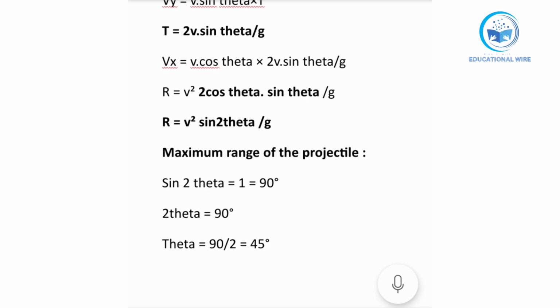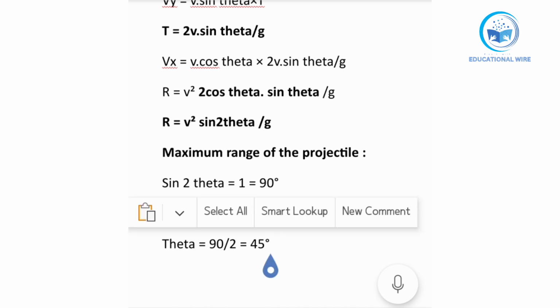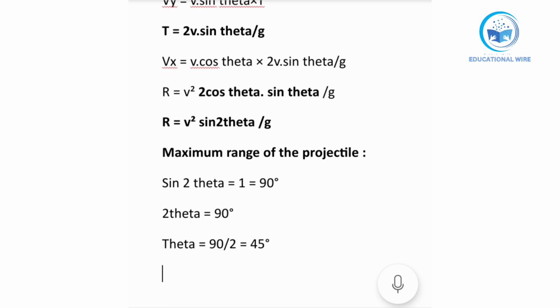Okay, then theta is equal to 45 degree. It means the maximum range of the projectile is at 45 degree and minimum is 15 degree, as I told you in the last video. Okay, so if we want to find the maximum, the definition of this is that the maximum distance covered by a projectile at an angle of 45 degree is called maximum distance.